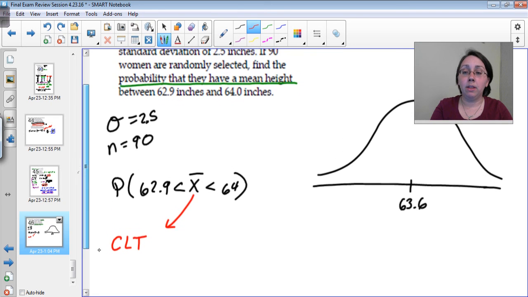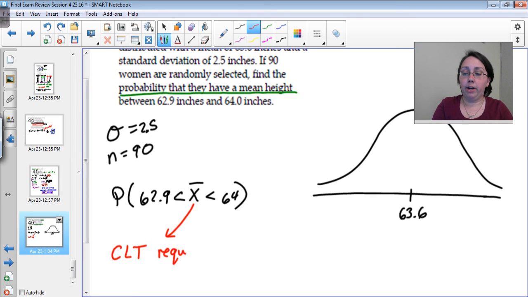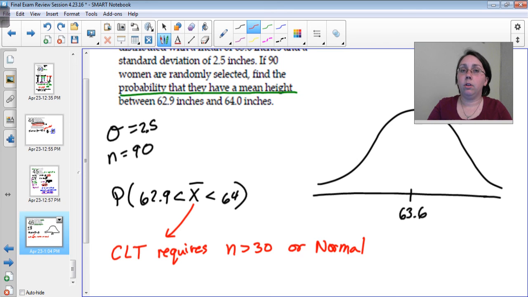The central limit theorem requires n greater than 30 or normal. Do we have either of those? Do we have both, really? Oh yeah, we've drawn a bell curve. We have both. Okay, cool. So we have the central limit theorem.